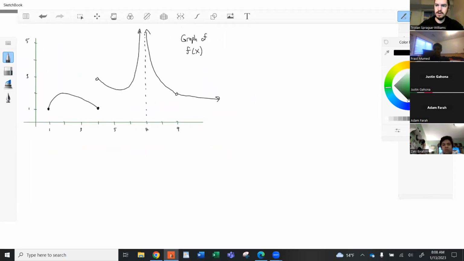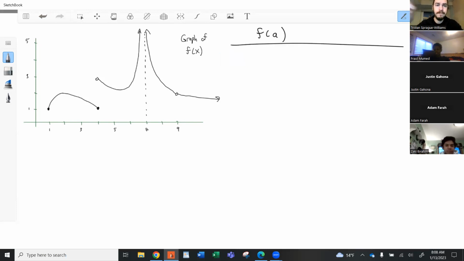Let's do it over here. So over here, we're going to have two columns. We're going to have f of x, or let's call it f of a. And then we're going to have a second column for the limit as x approaches a of f of x.